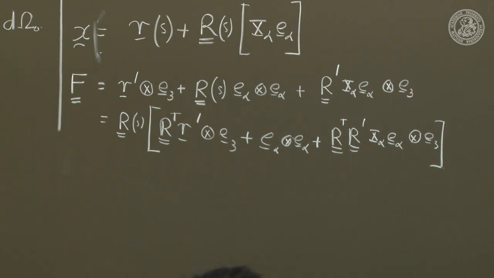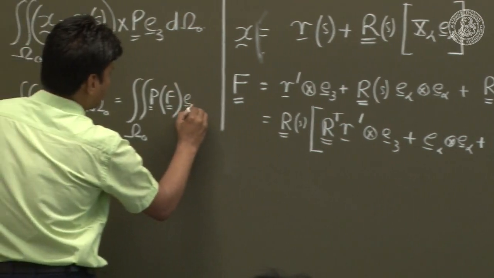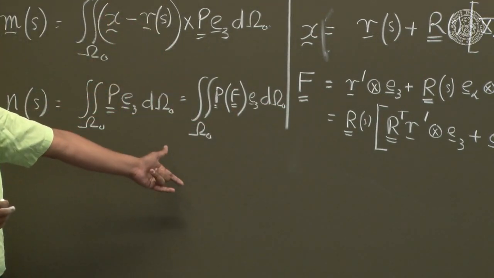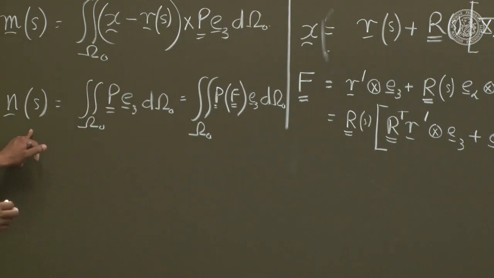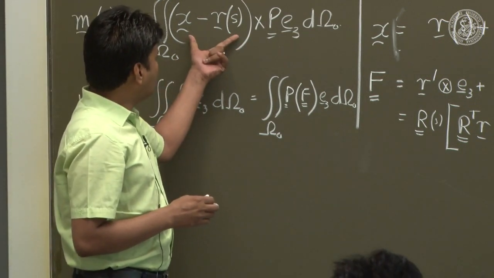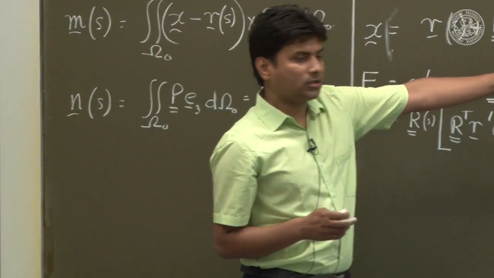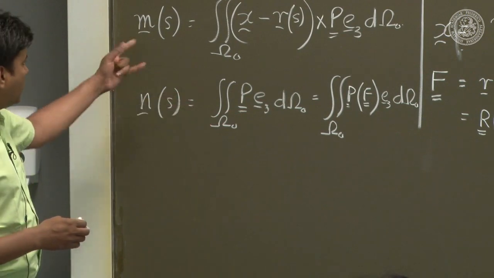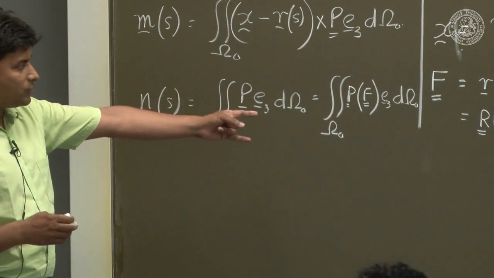Because P will be in terms of the deformation gradient; from the 3D constitutive law you can always write your P in terms of the deformation gradient. Then you integrate over the cross section and get your force. Similarly, you can do it for moment. This arm simply becomes big R times x alpha E alpha. So with the constrained kinematics, you already have forces and moments in terms of your kinematic variables.